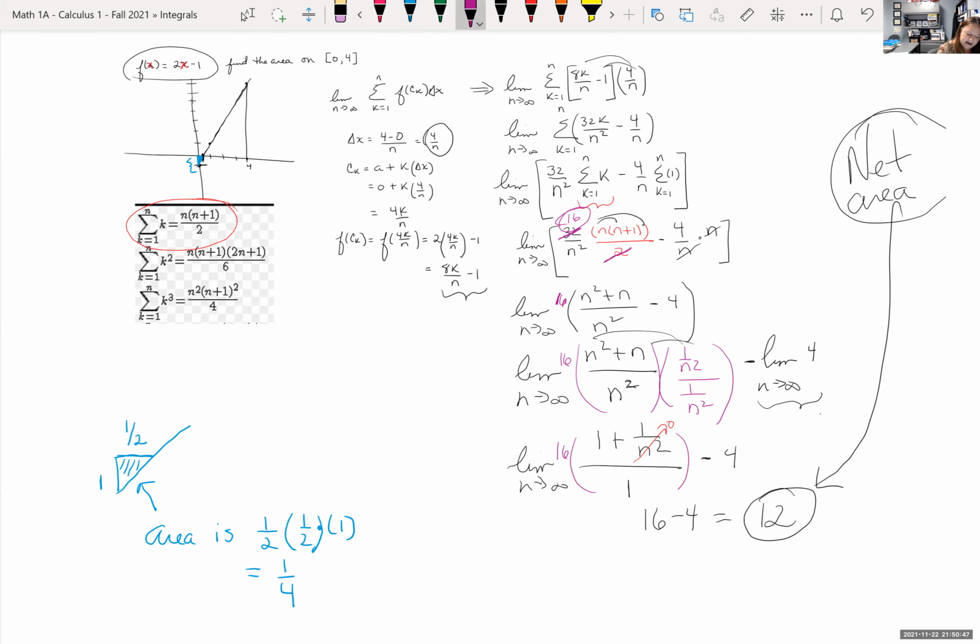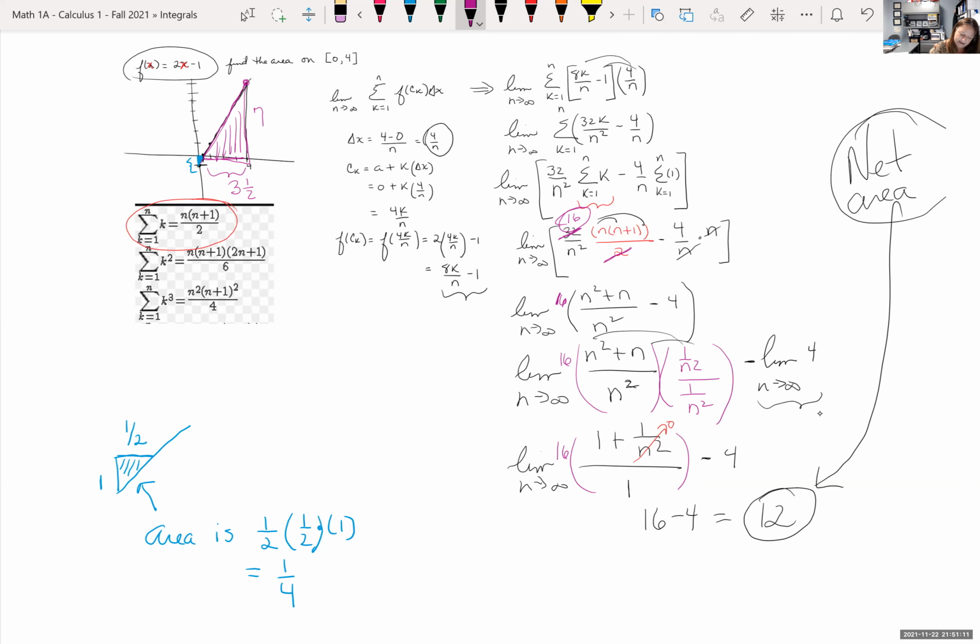Where if I look at the area of the piece above the x-axis, well, this base in here is 1/2 to 4, so that's 3.5. And this height in here, from 0, we said that this was 7. This height in here is 7.